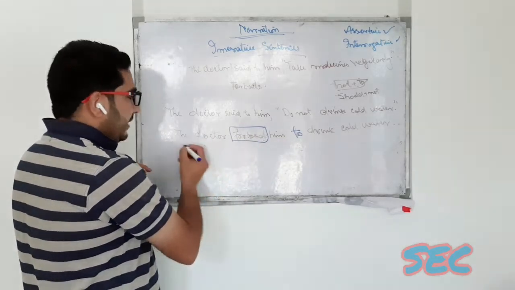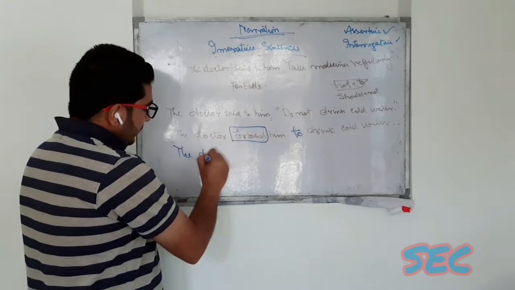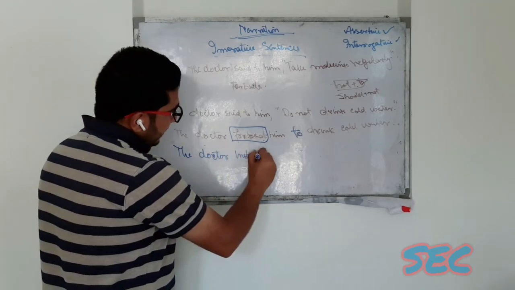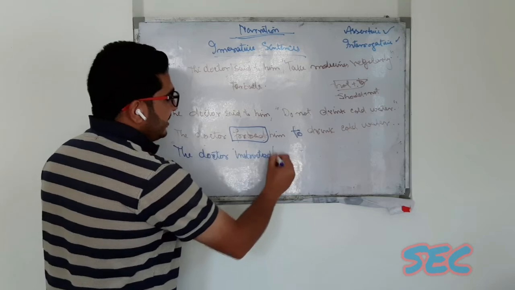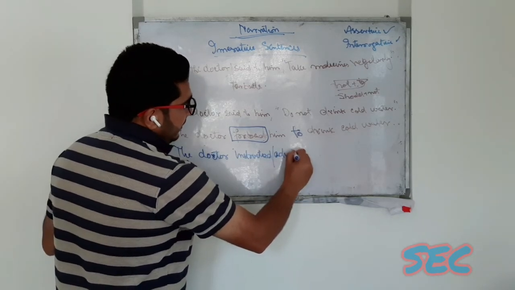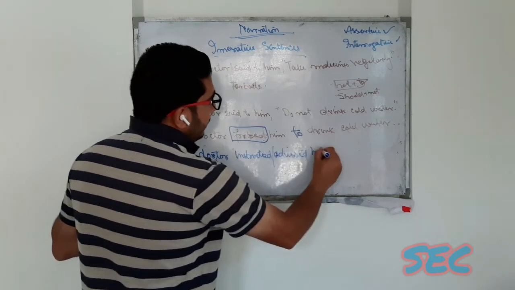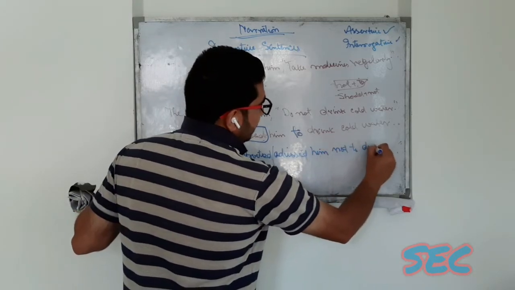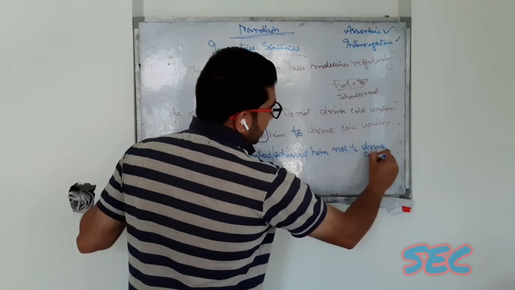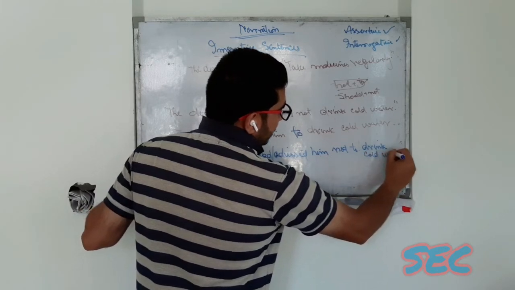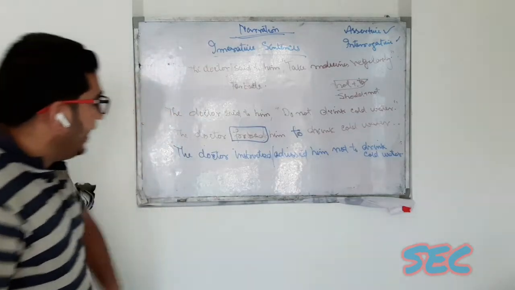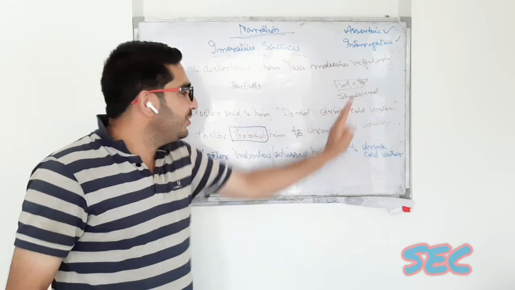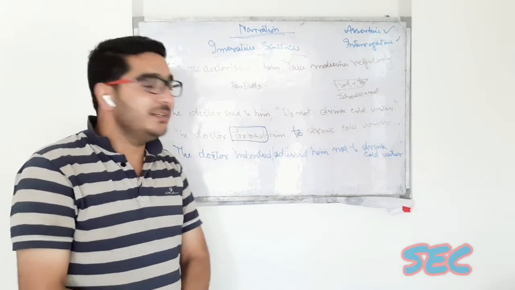Another thing I can tell you: the doctor instructed, we can write instructed or advised. The doctor instructed or advised him not to drink cold water. Another way: the doctor instructed him that he should not drink cold water.